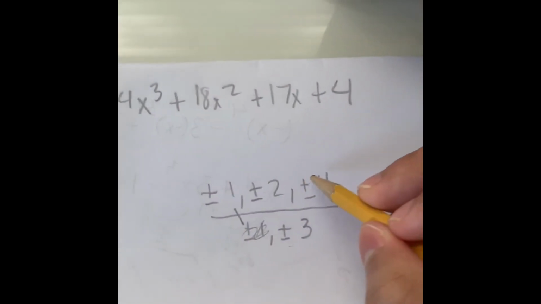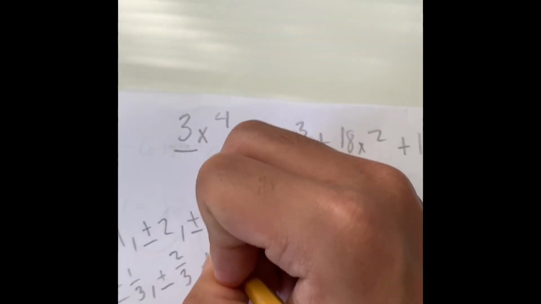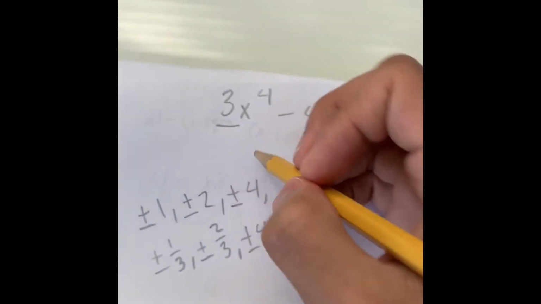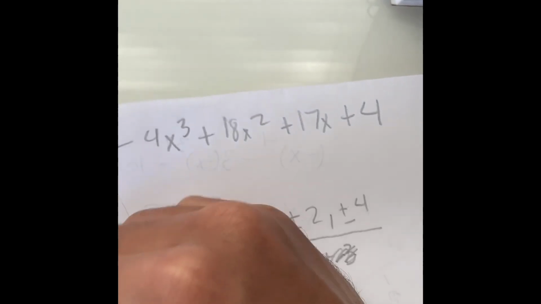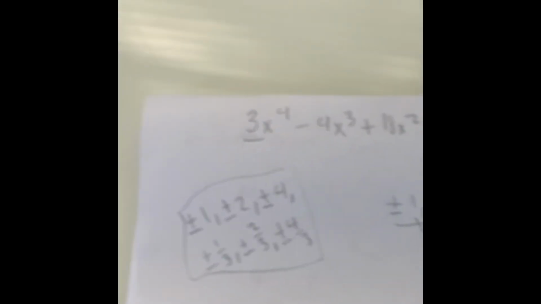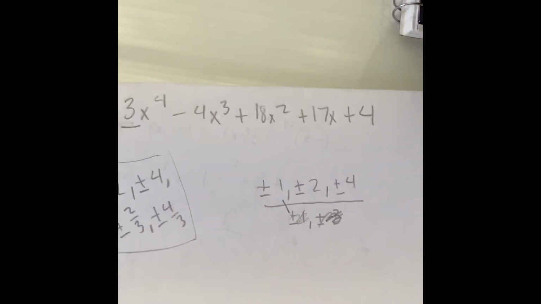And then, of course, 4 divided by 3 is plus or minus 4/3. And look, that's a short problem. We ran through all of them, and here are basically all of our possible rational roots, and that is the rational root theorem. I hope you enjoyed the video, and that's how easy it is.